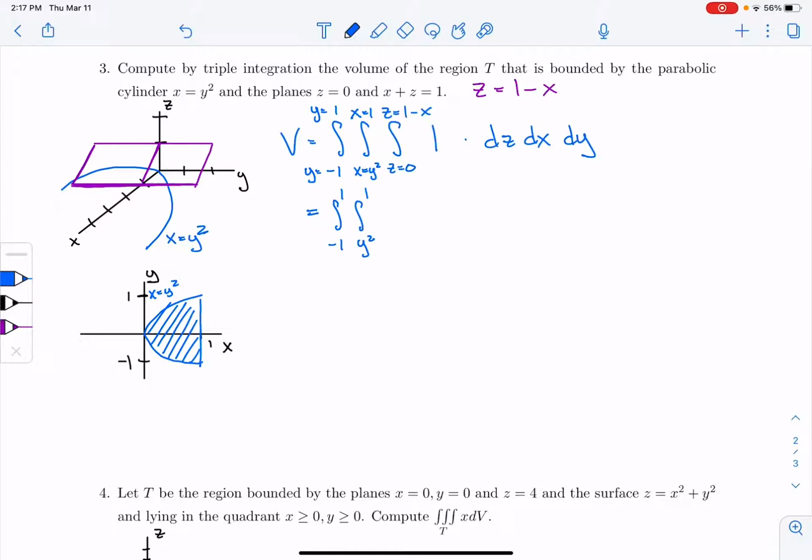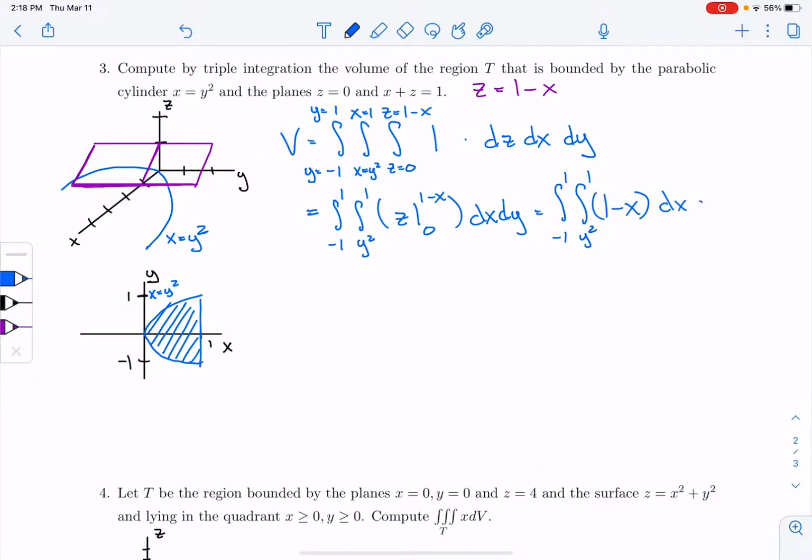And then if we integrate 1, we're going to get z evaluated between 0 and 1 minus x. And that is what we want to integrate then dx dy. So this becomes the integral from minus 1 to 1, the integral from y squared to 1 of 1 minus x, and then we're going to integrate that dx dy.